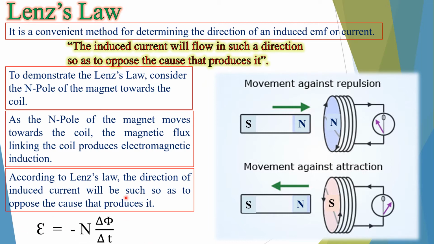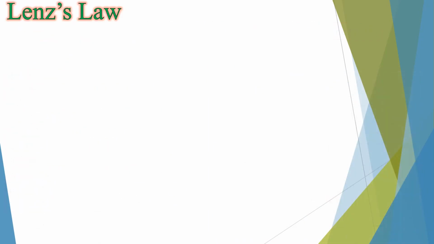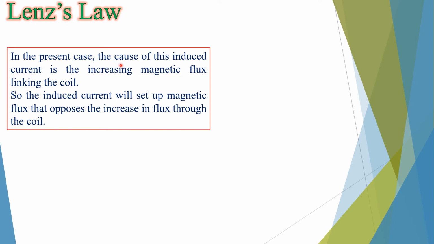And in the formula of Faraday's law, we use a negative sign, which shows that the direction of induced EMF is such that it opposes the cause which has induced it. It opposes the change in magnetic field. In the present case, the cause of the induced current is the increasing magnetic flux linking the coil.